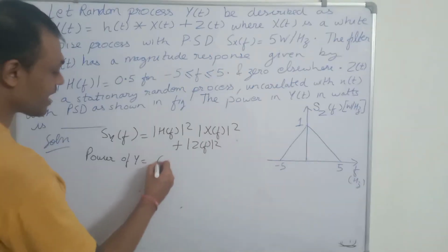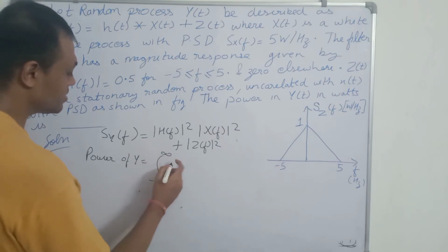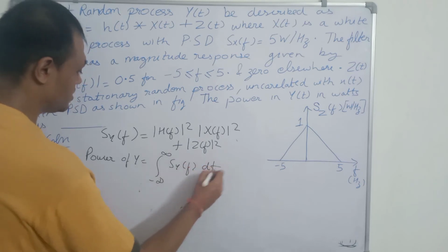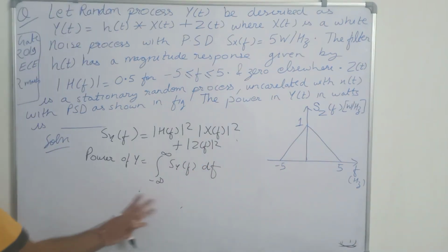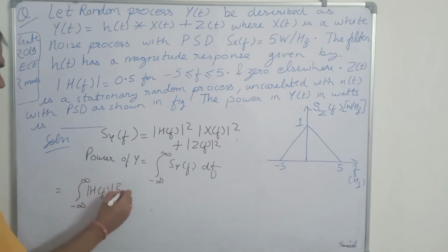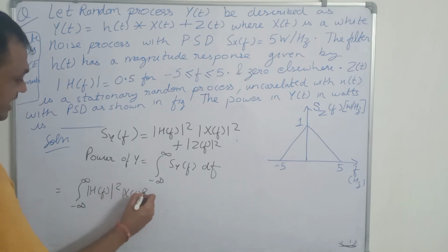So it will be equal to the integral from minus infinity to infinity of Sy of f df. So we have to integrate it: the integral of h of f whole square into x of f whole square df.